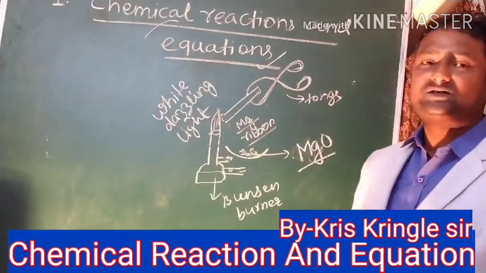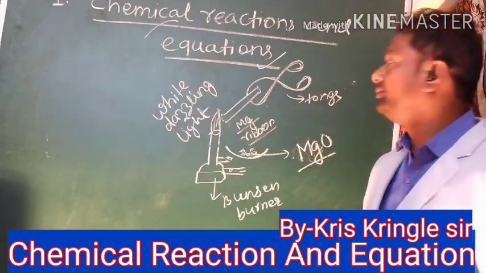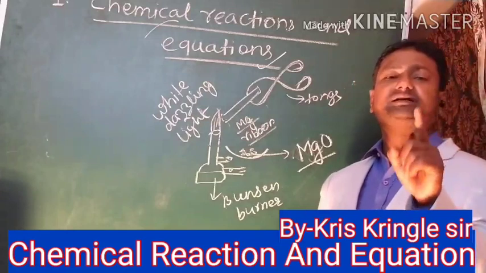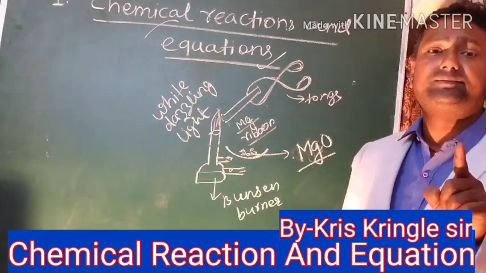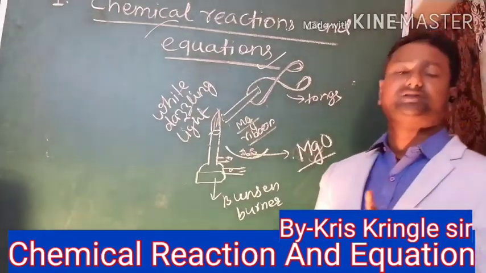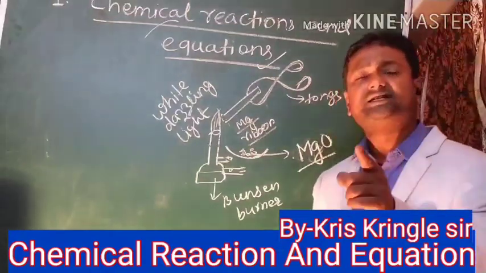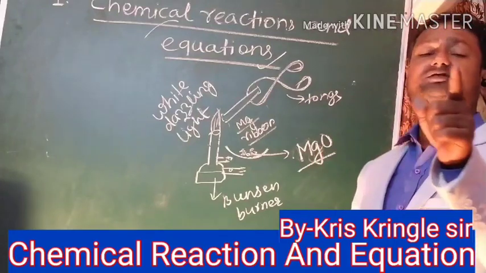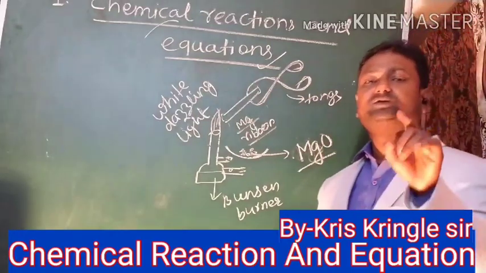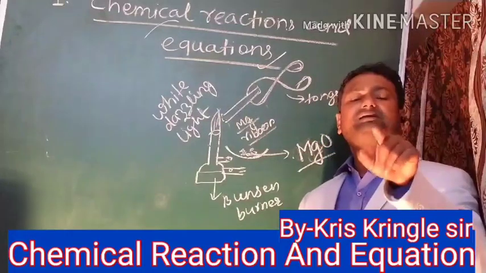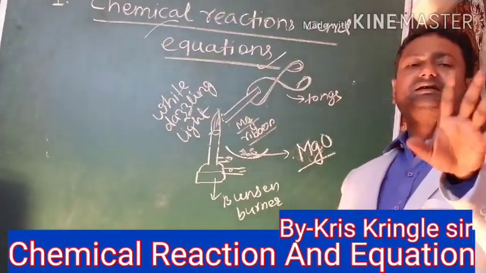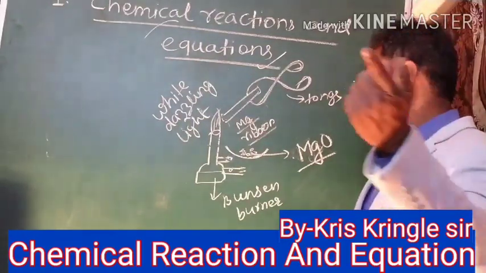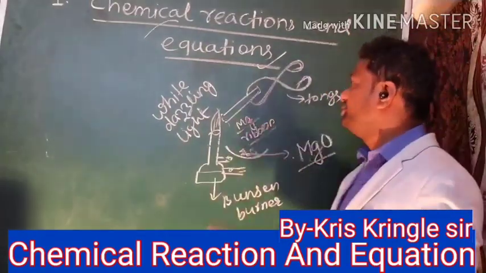If the question is asked why magnesium ribbon should be cleaned before burning, you can answer like this: magnesium ribbon should be cleaned with sandpaper before burning to remove the layer of magnesium oxide, so that it would burn efficiently, producing white dazzling light. Now I think you have understood why it should be cleaned.